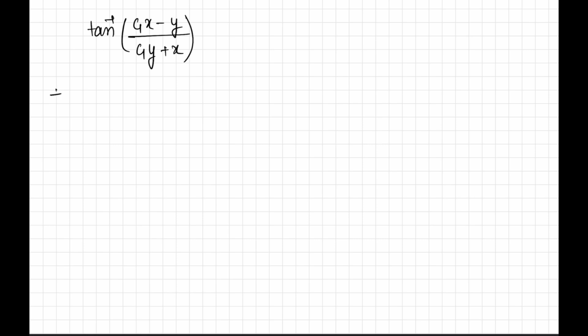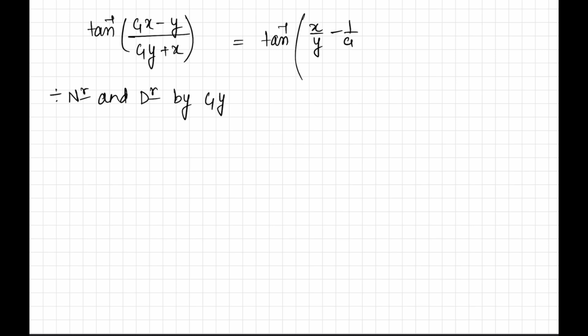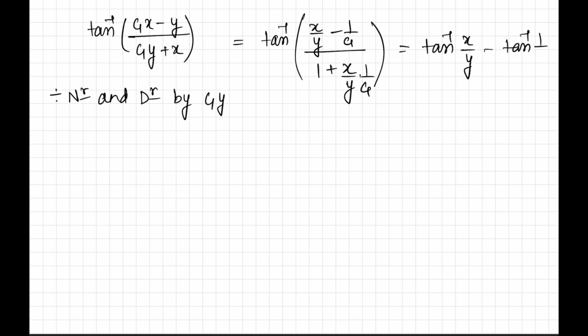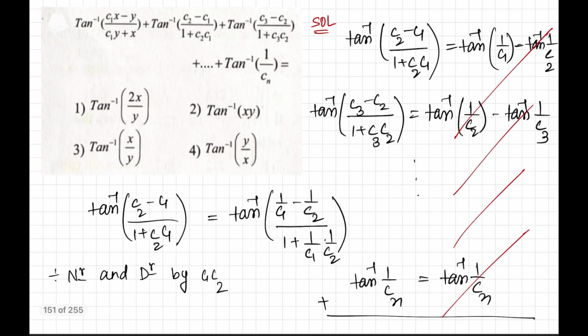And here what we do is we divide numerator and denominator by C1y. तो इससे हमें मिल जाएगा tan inverse of numerator becomes C1 will get cancelled out, x by y minus 1 by C1, and denominator में हमारे पास आएगा 1 plus x by y into 1 by C1, and this can further be written as tan inverse of x by y minus tan inverse of 1 by C1. और last page में हमारे पास ये term रह गया था tan inverse 1 by C1.